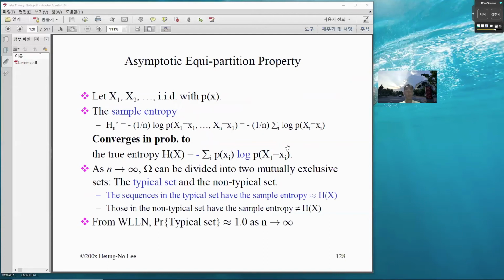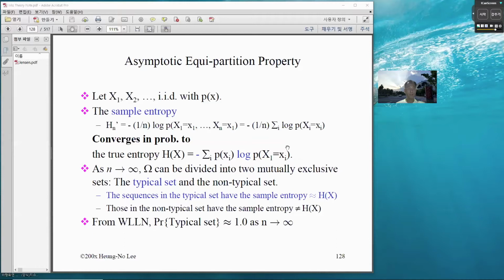Today, I want to talk about the asymptotic equipartition property. The previous ones were a short review of probability theory, and then we will apply that to information theory.